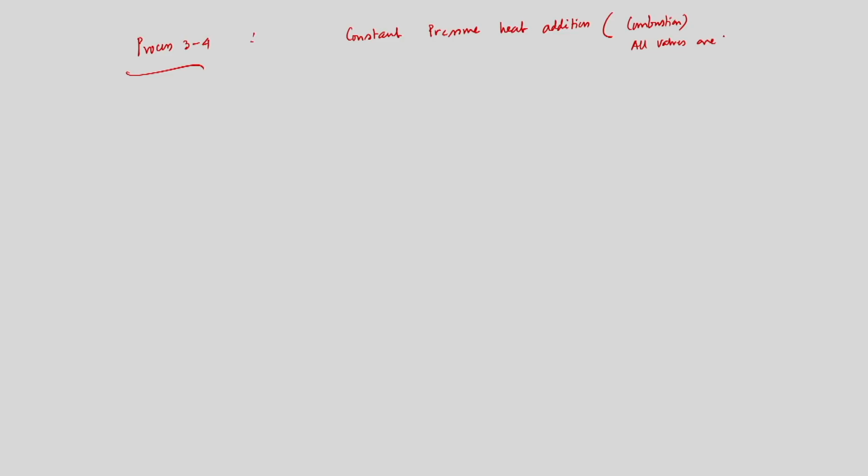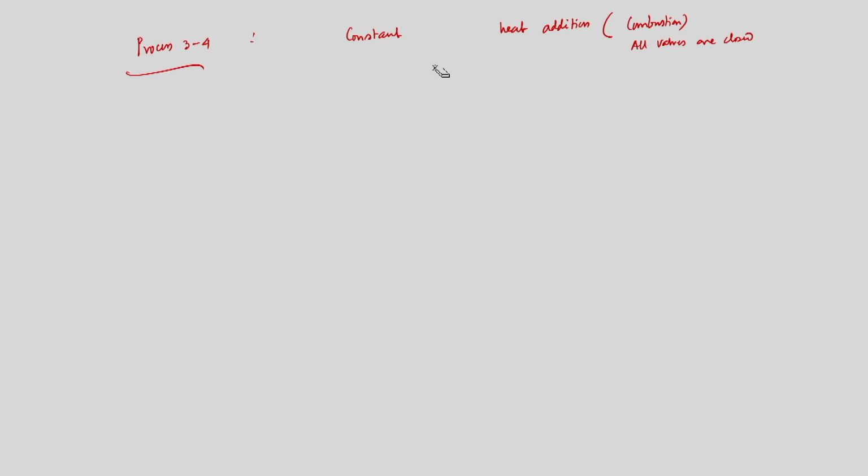Sorry, this is constant volume, I am writing constant volume. This is a constant volume heat addition process, not constant pressure.